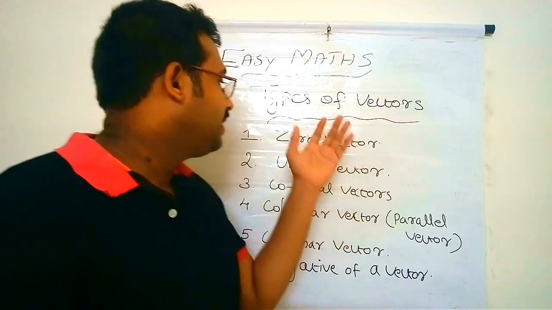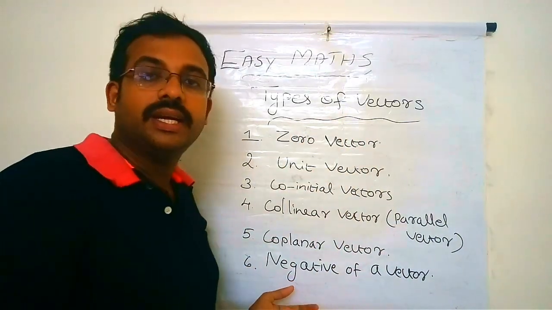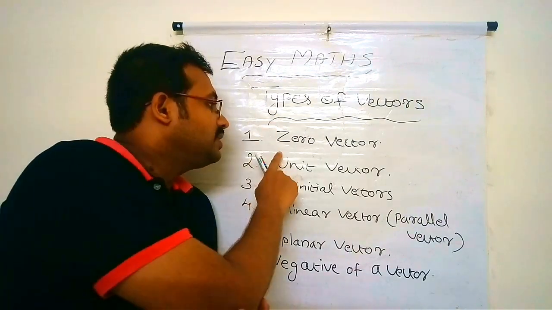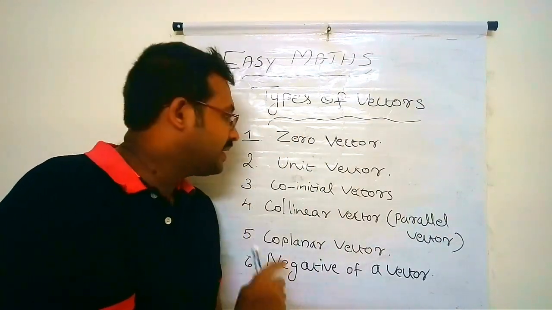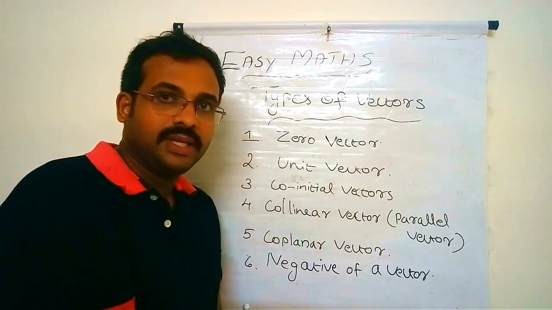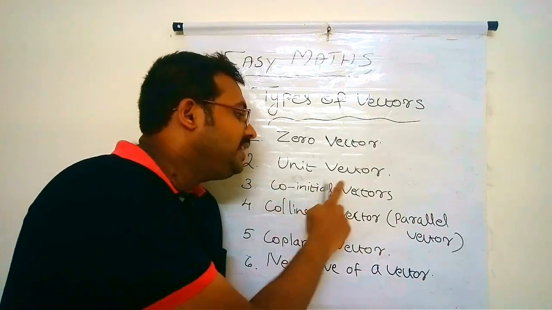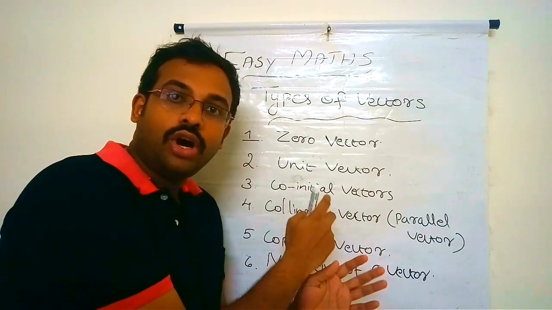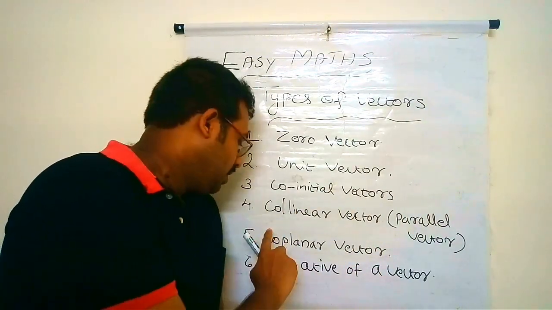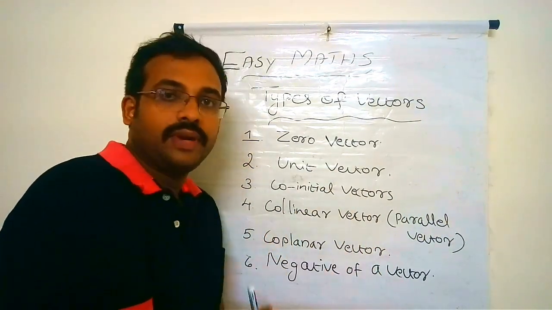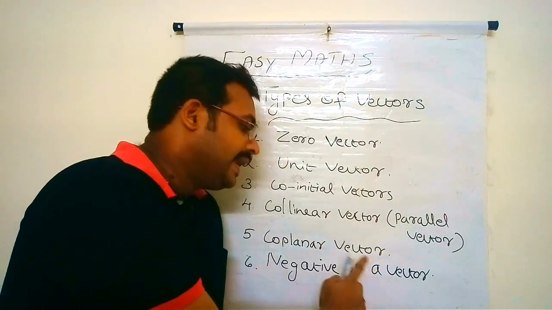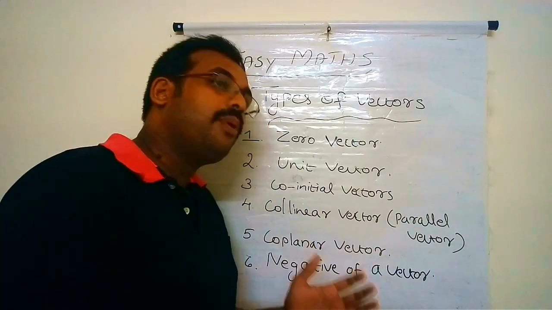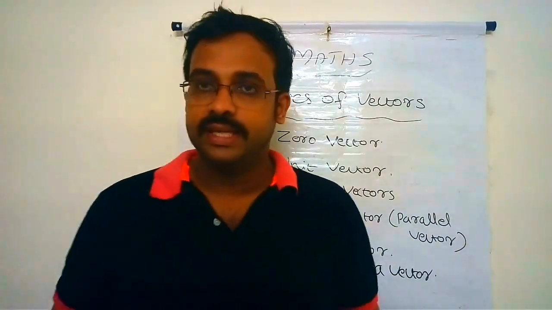These are the important six types: first, zero vector; second, unit vector; third, co-initial vector; fourth, collinear or parallel vector; fifth, coplanar vector; and then negative of a vector.